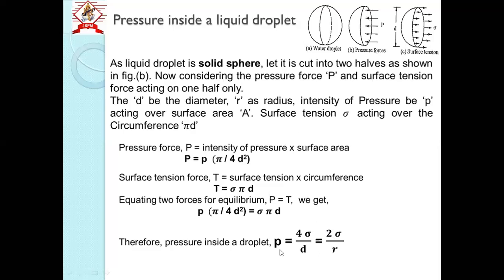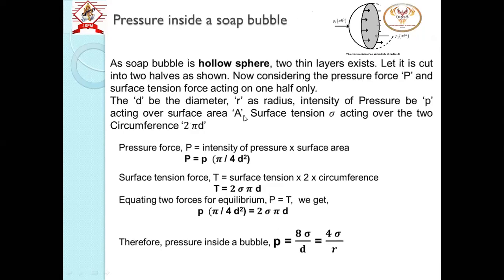We can find the pressure, or we can find the surface tension. Anything can be known by this equation. So remember this equation, pressure inside a liquid droplet is 4 sigma upon d or 2 sigma upon r. Now the second derivation is related with the soap bubble. That is our second derivation.